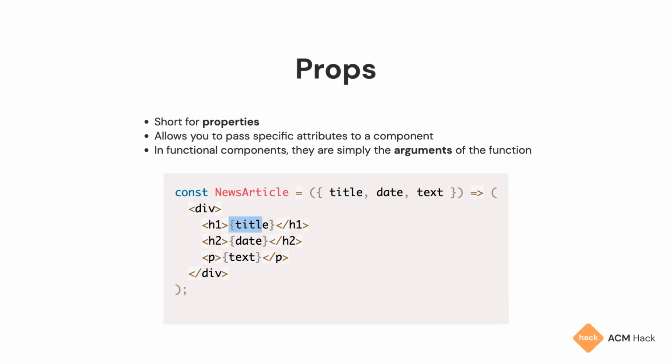And you can reference the data in the HTML itself. This is kind of like a template, I guess. Whatever title is, it's going to get displayed in the H1. And title doesn't have to be a prop. If you declare them as variables within the function, then they will also get displayed.